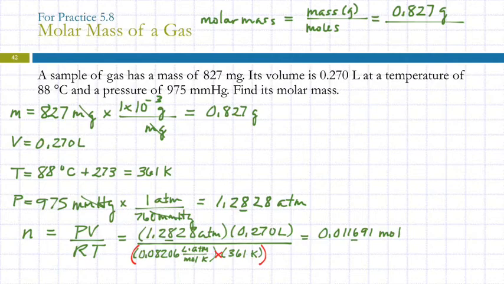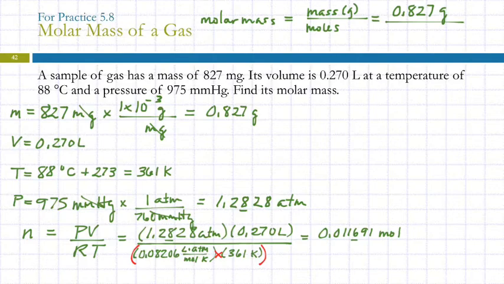If you get a really, really big number, that's because instead of dividing by 361, you multiplied by 361, and that makes it crazy off. Yeah, 3 sig figs there because I had 3 sig figs in the volume, the temperature, and the pressure. So that's my amount in moles.